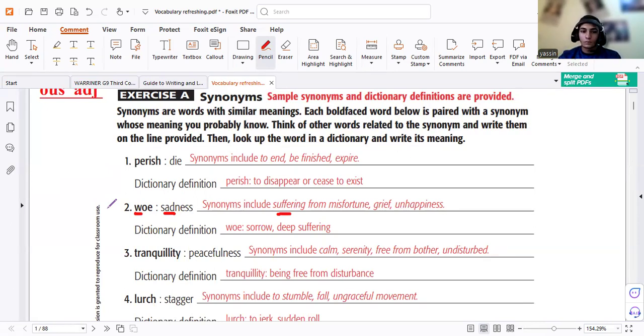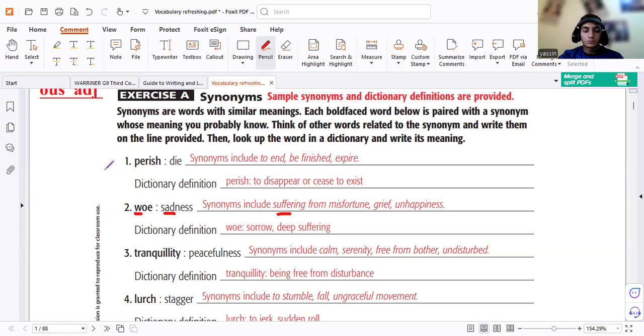So when you study the vocab, until we finish all the techniques of vocab, try to make any hint, any clue, any point, anything to help you memorize the word. For example, perish. If you perish, it's similar to the word finish.